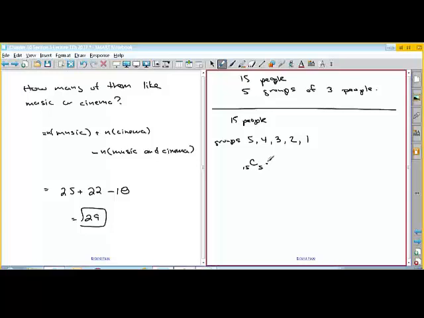And then we said, well, now we only have 10 people left to choose the next group. So to do the group of size 4, we did 10 people 4 at a time. And then once you pick that group of 4, there's only going to be 6 people left. So you have 6 people taken 3 at a time because you got a 3-person group.